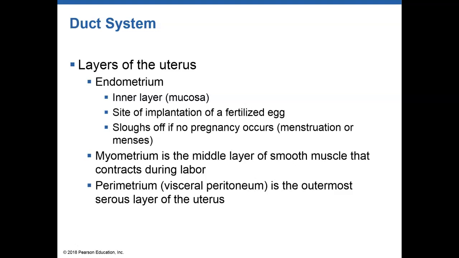And it also contracts when a baby suckles during breastfeeding. And then the outer region is known as the perimetrium. It's the visceral lining of the peritoneum. It's a serous membrane that lines the entire uterus.